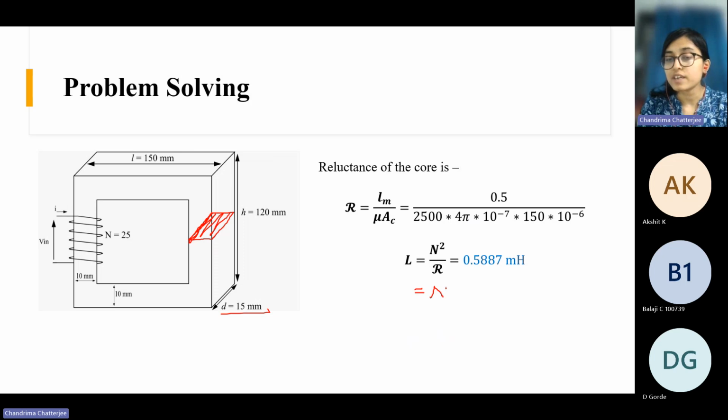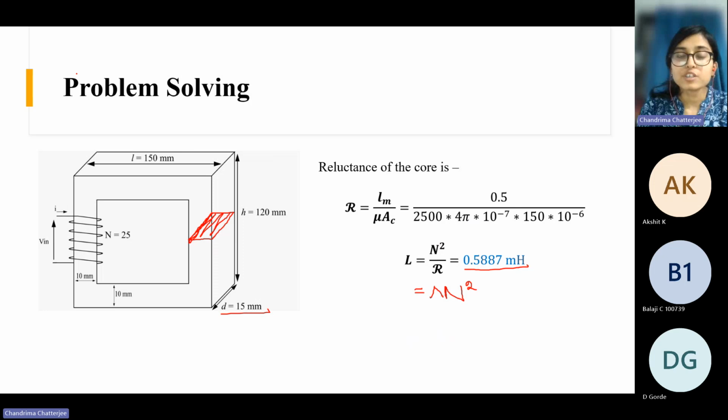Either you find the reluctance or you find the permeance. N is already given as 25, and N squared by reluctance is 0.5887 millihenry. That will be your inductance.